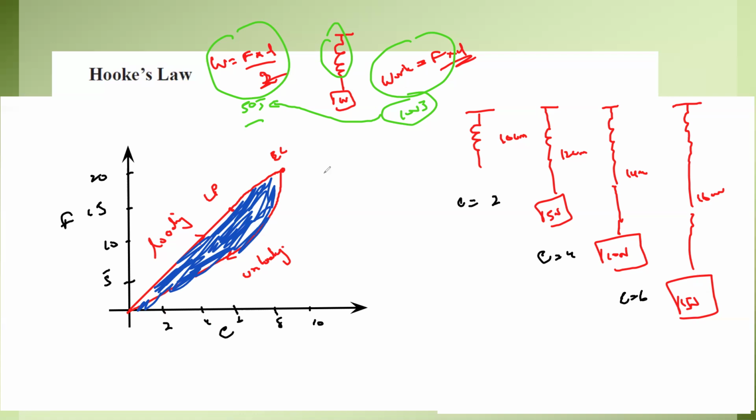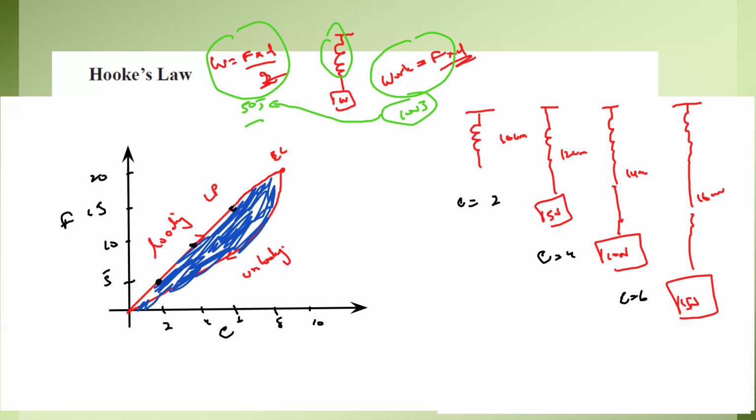So when the force was 5, the extension was 2, meaning this point. When the force was 10, the extension was 4, this is a point. When the force is 15, the extension is 6, so this is a point. So we got a straight line.